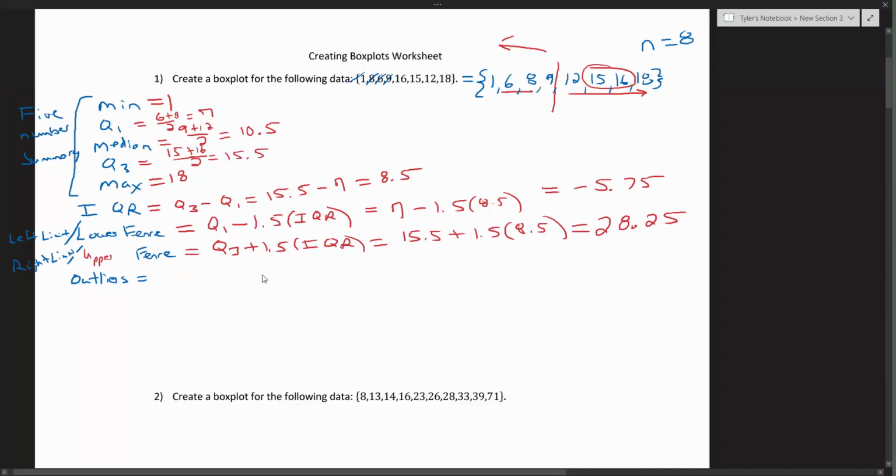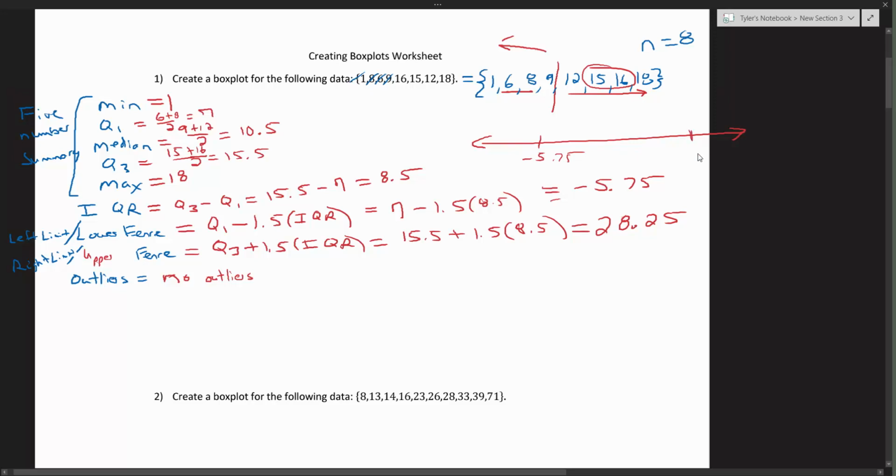All right, so I'll just write no outliers. Right? So if you need a kind of visual, here's a number line. Here's my lower fence, negative 5.75.